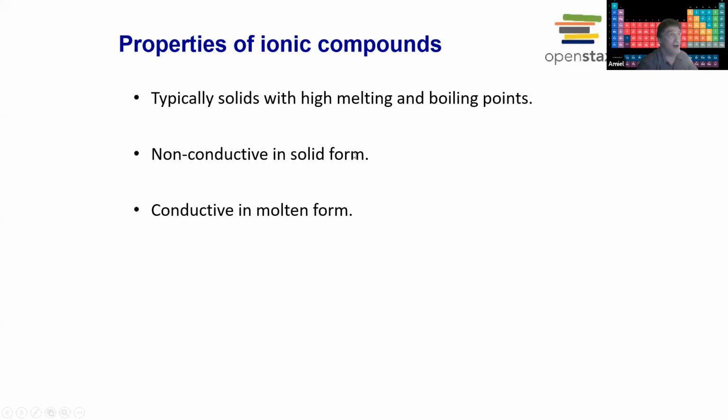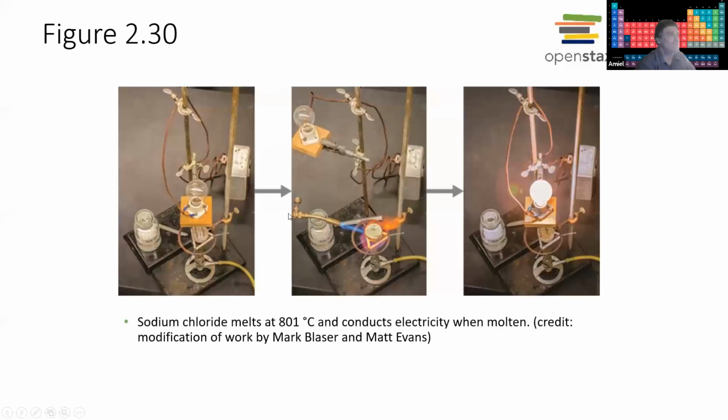Ionic compounds have high melting and boiling points. They're non-conductive to electricity as solids. Sodium chloride, table salt, does not conduct electricity and has a high melting point. In their molten form, they do conduct. So here is just an example of a light bulb going on as you convert halite.